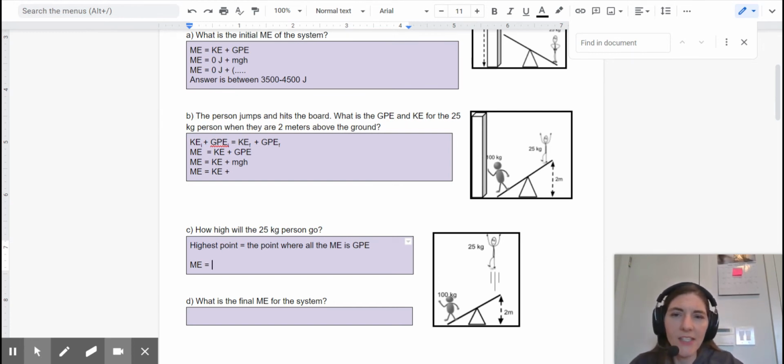Okay, so that mechanical energy in A is going to equal the gravitational potential energy that that person has at their highest point.